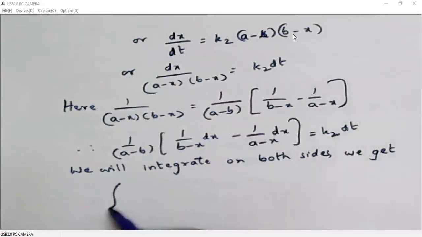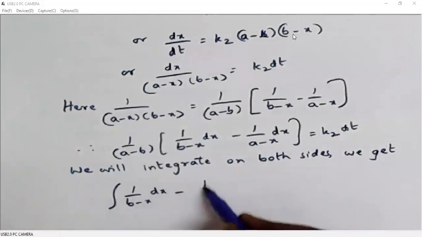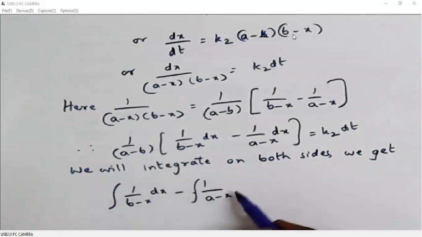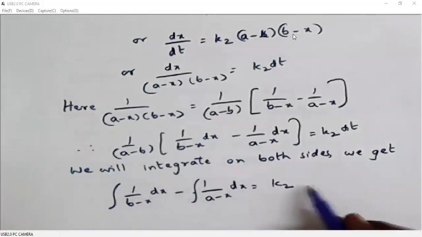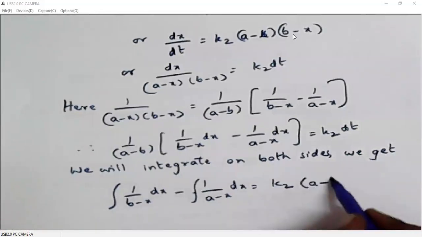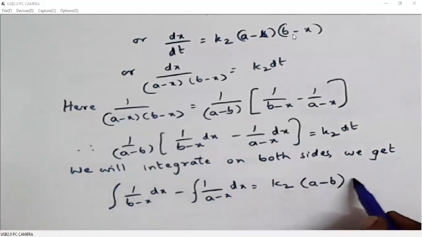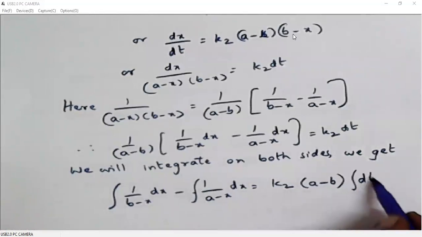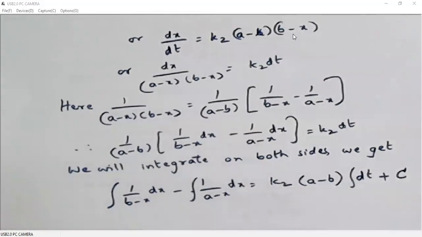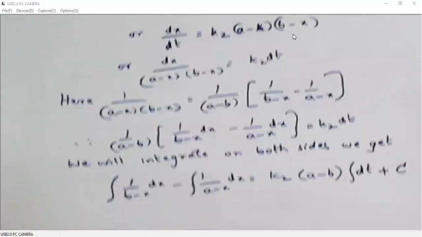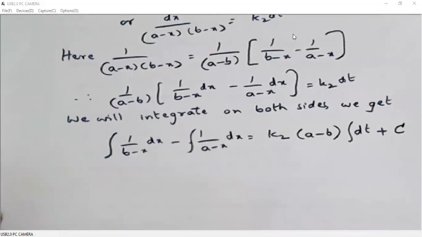So integral 1 by (B minus x) dx minus integral 1 by (A minus x) dx is equal to K2 into (A minus B), which is a constant because they are initial concentrations, and the variable is dt. We are not substituting the limits, so we will take a constant c.